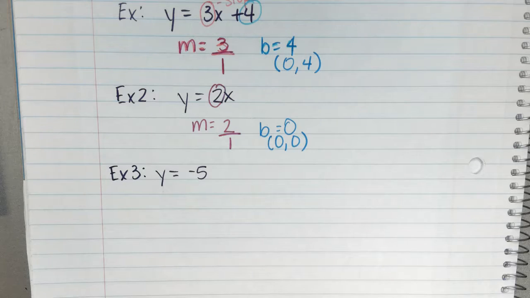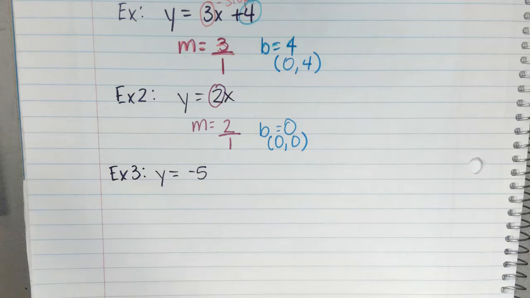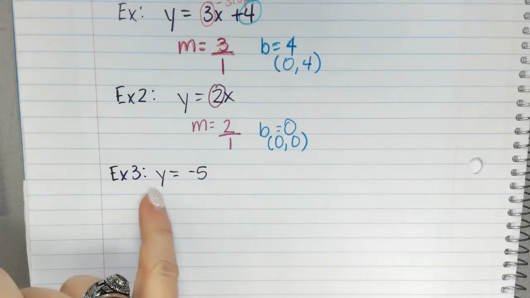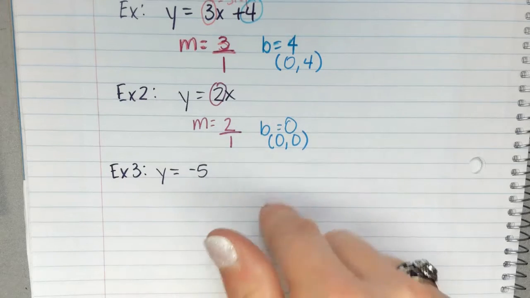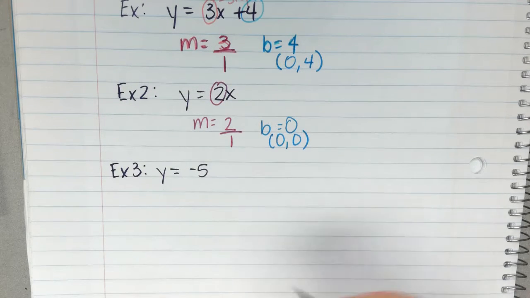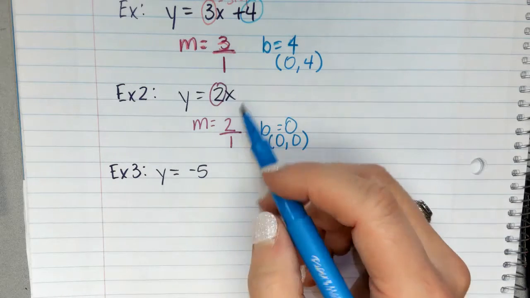Did you just tell yourself what the y is? There was no x, no slope. So that is where it crosses the y-axis. It's telling you right there, y equals -5. But you could just break it apart. Do you see any x?